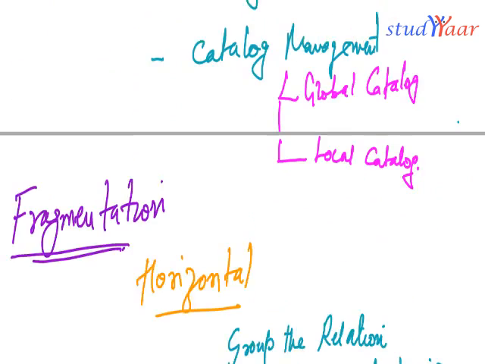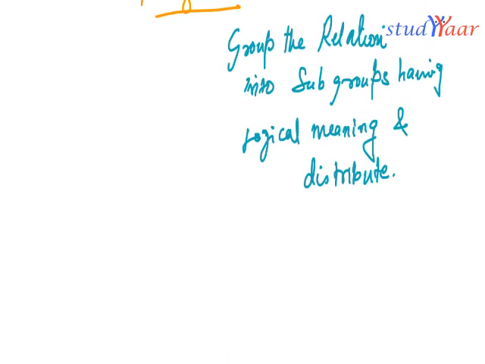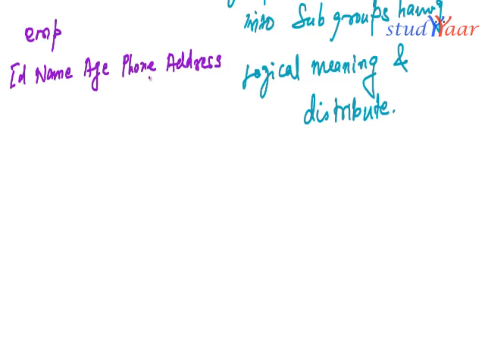So what I can have here is, let's suppose I have an employee relation which is something like this. I have the employee relation which has employee ID, employee name. Let's suppose it has the person's age, phone number, address.